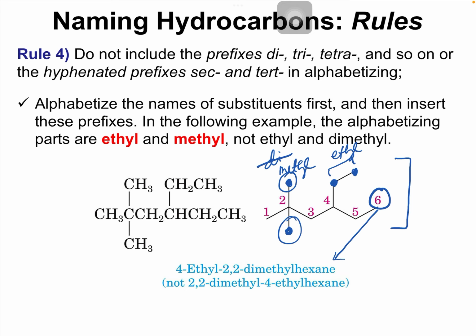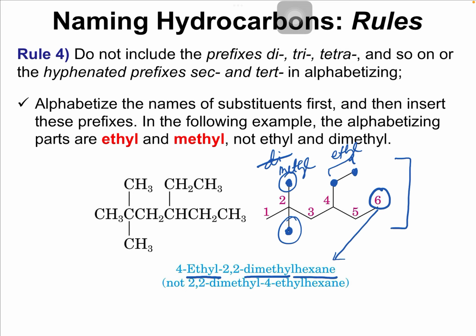So, it's just an alphabetization battle between your methyl and your ethyl. So, obviously, your ethyl comes first, then followed by the methyl. So, that's why, ang nakikita niyo dito, ethyl comes first, then dimethyl. Kasi we don't consider the di in the dimethyl.